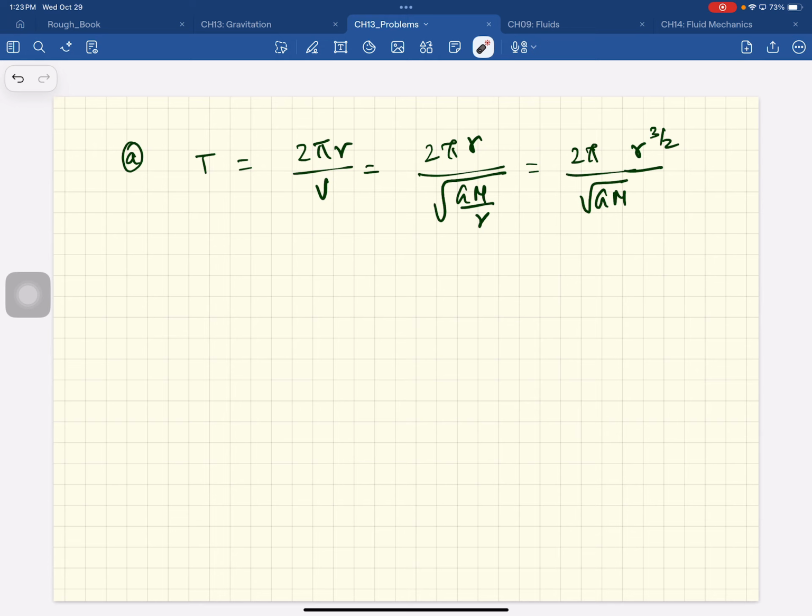Okay, so the further out you are, the greater your orbital period.